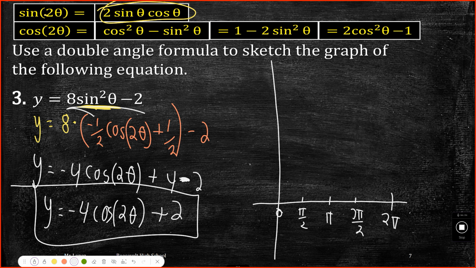Shift it up 2. So here's the midline. From 0, it's upside down also, because it's negative. So the bird is not like this, but like this, like a Snapchat little thing.